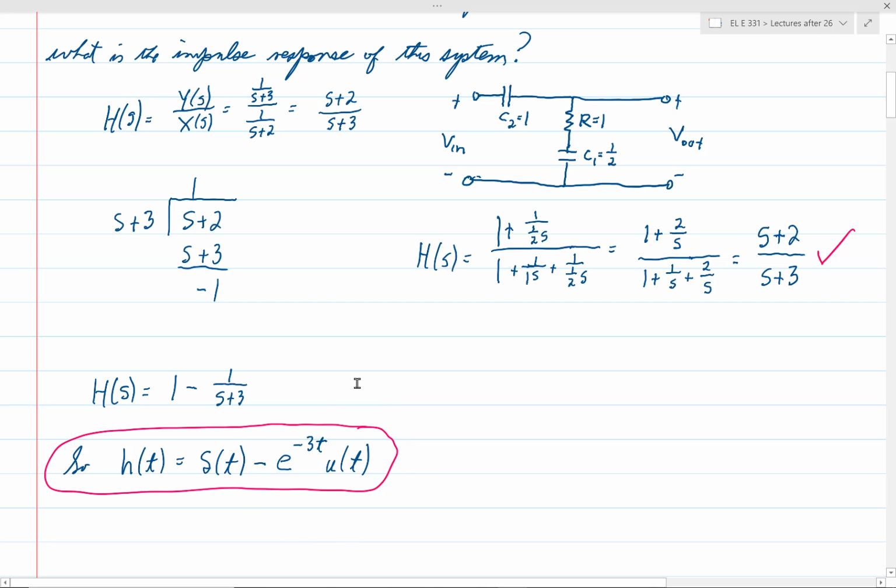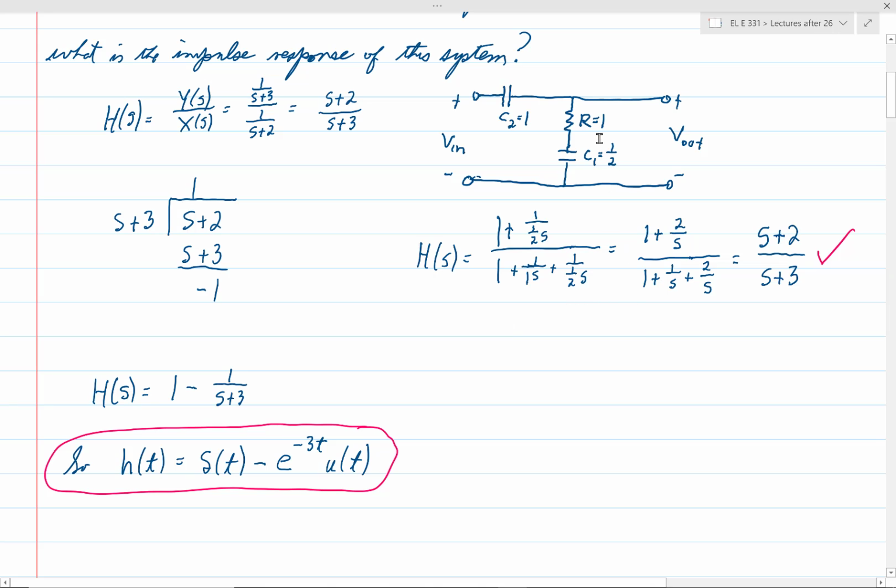And in fact, I looked at it for just a moment, and you can see that this circuit right here would have exactly this transfer function.